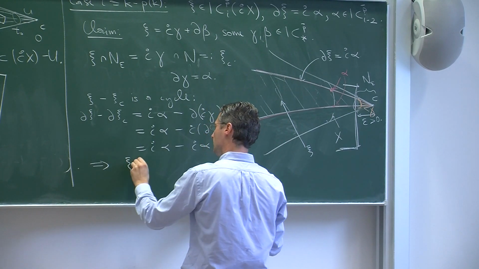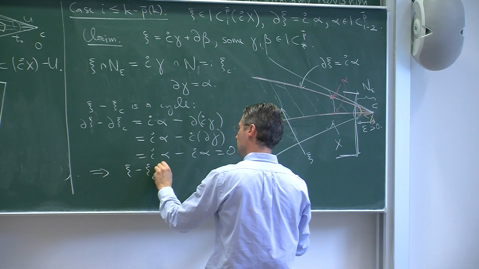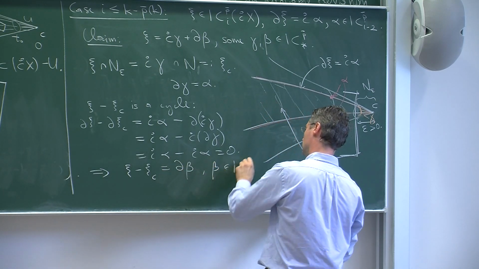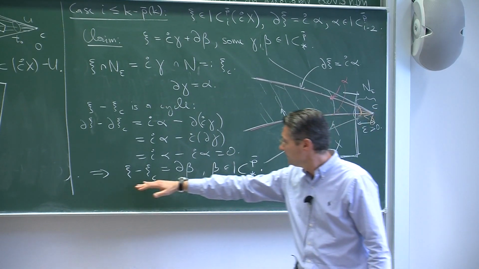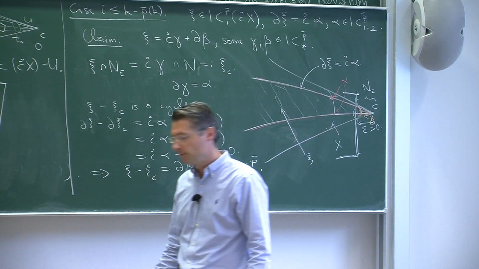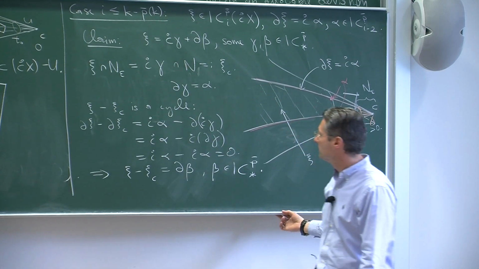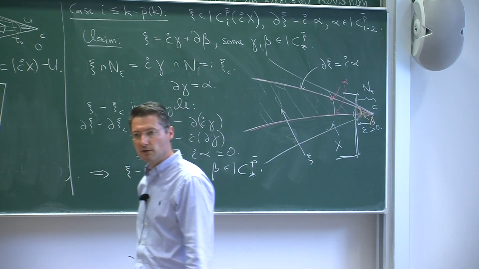So there exists, therefore, a beta so that this difference is the boundary of beta. And so then we have proven the claim, right? Because now Xi is written like this.